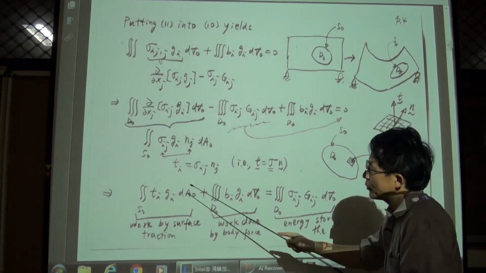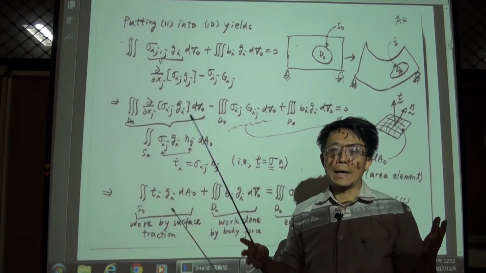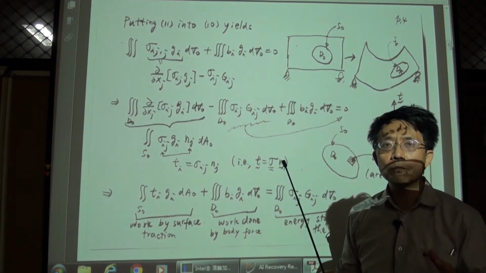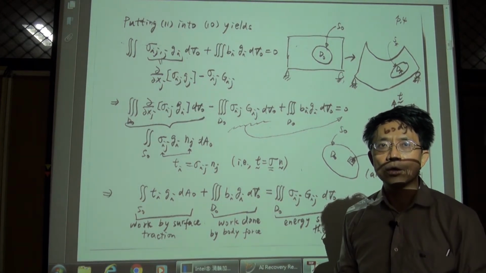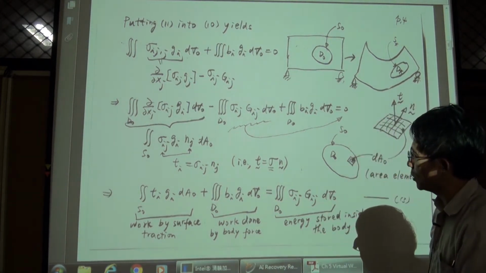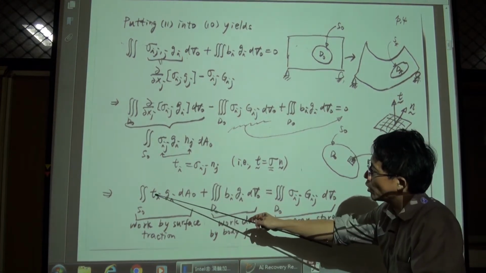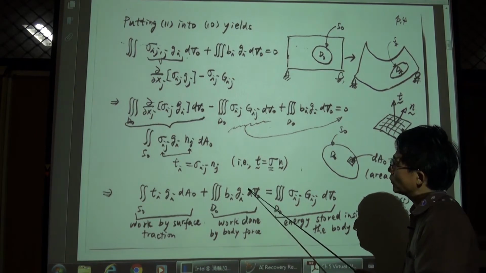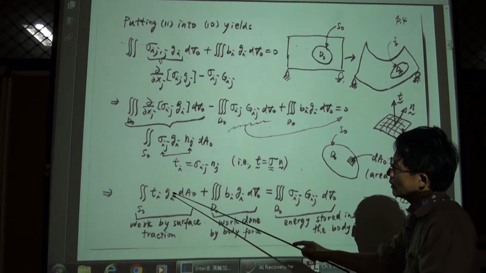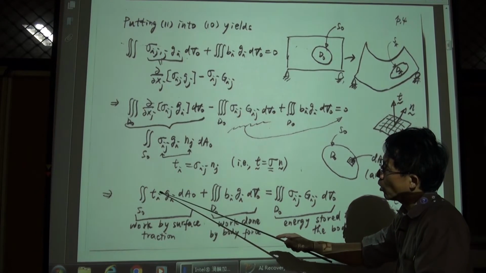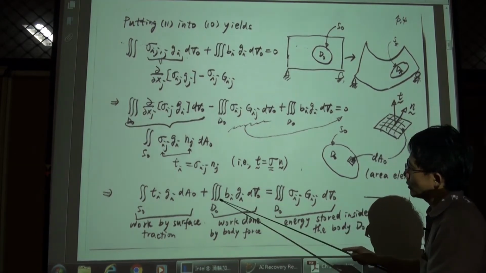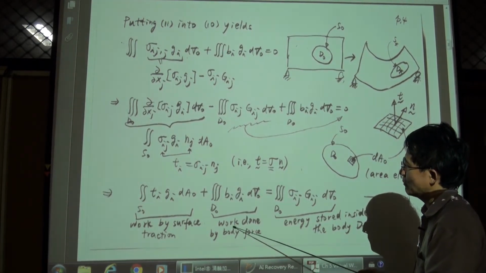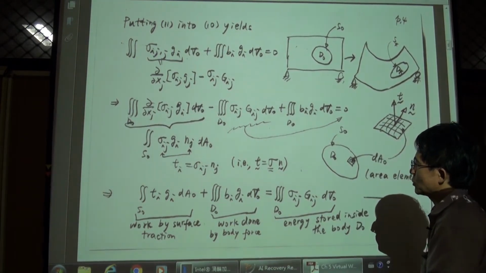So the traction and the body force are all external forces. The external force will do some work. The work done by the external force includes two terms. The first term is the work done by the traction. The second term is the work done by the body force.